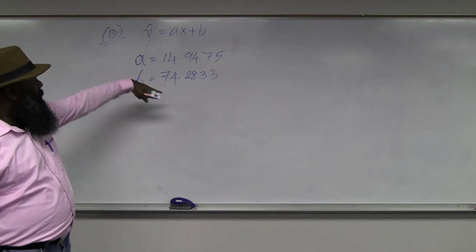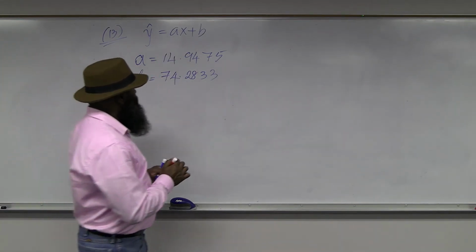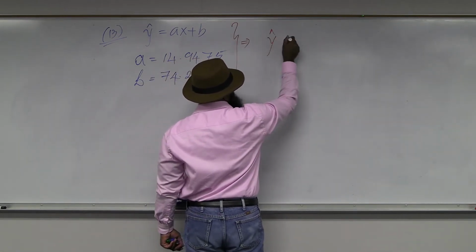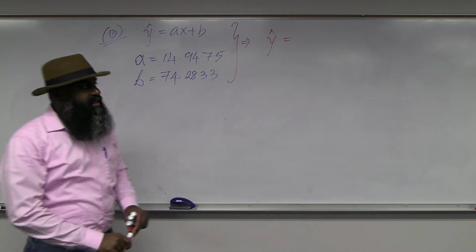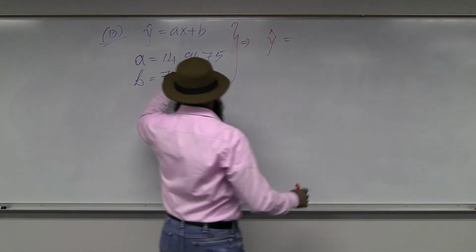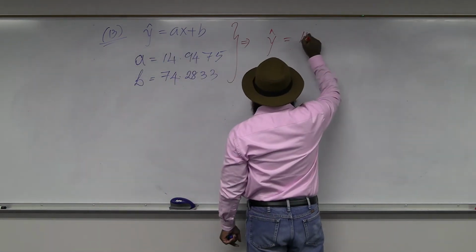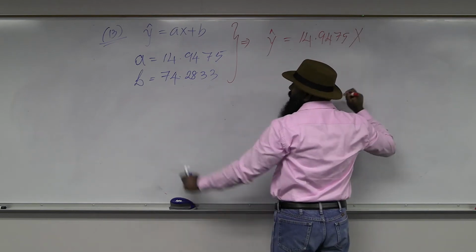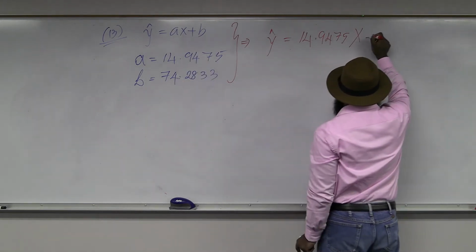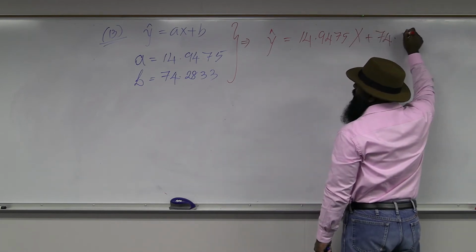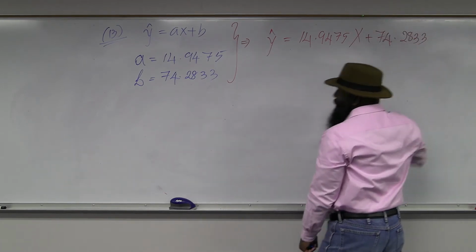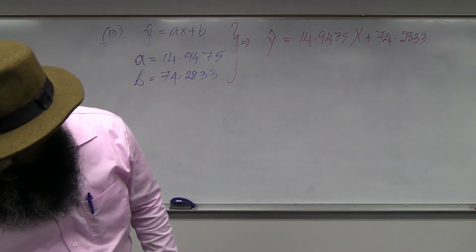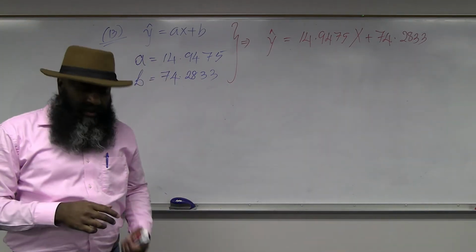I will just replace these two values and write the equation properly. So I will say it's y hat, these are the calculated y values, equals 14.9475 times x plus 74.2833. So that's the estimated equation, and now I have to interpret the slope.